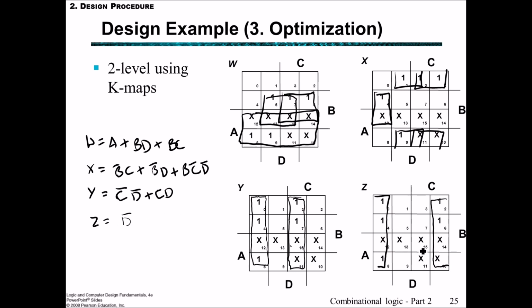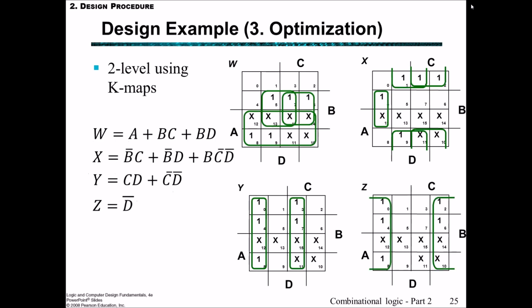Notice for X, Y, and Z, we have don't cares that are not being covered, and that's fine as long as we're covering the minterms where there's a value of 1. That's the result for W, that's the result for X, the result for Y, and the result for Z. And when we write the equations out, that's correct.